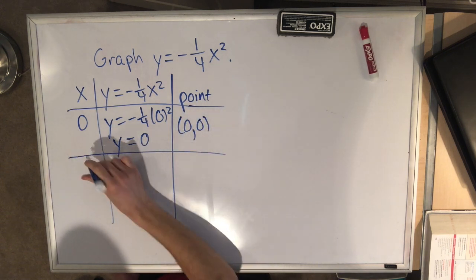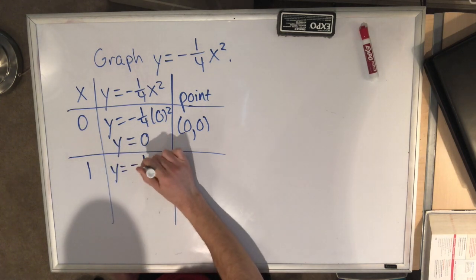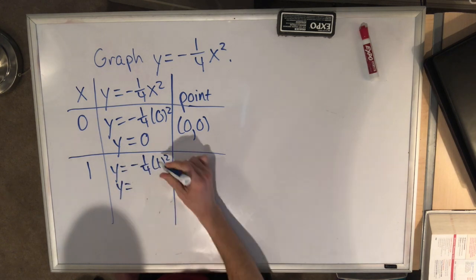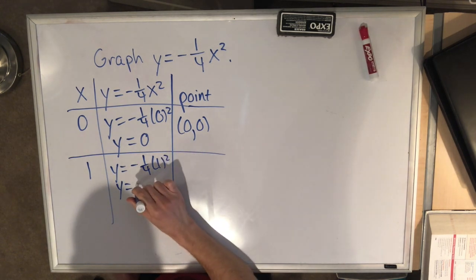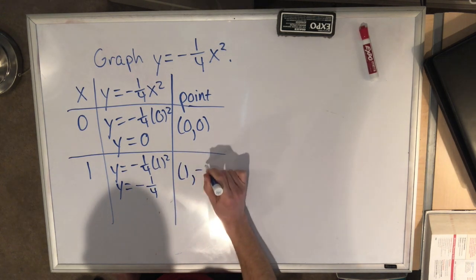Now substituting in 1 for x, we get y equals -1/4 times 1 squared. -1/4 times 1 is -1/4, which gives us the point 1, -1/4.